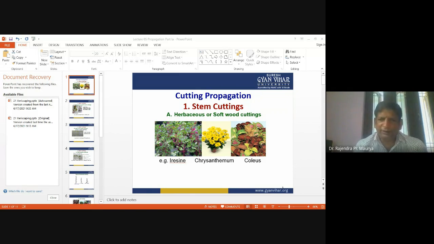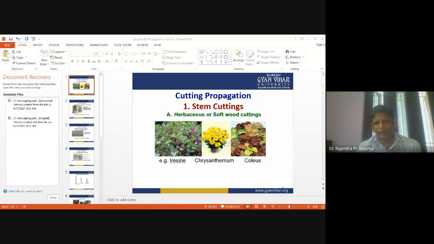That should be one third to half of the thickness of the stem, and we have to separate it out with the help of a knife. After that, we can treat with the rooting hormone, and the lower cut portion we should place in the well prepared potting mixture.